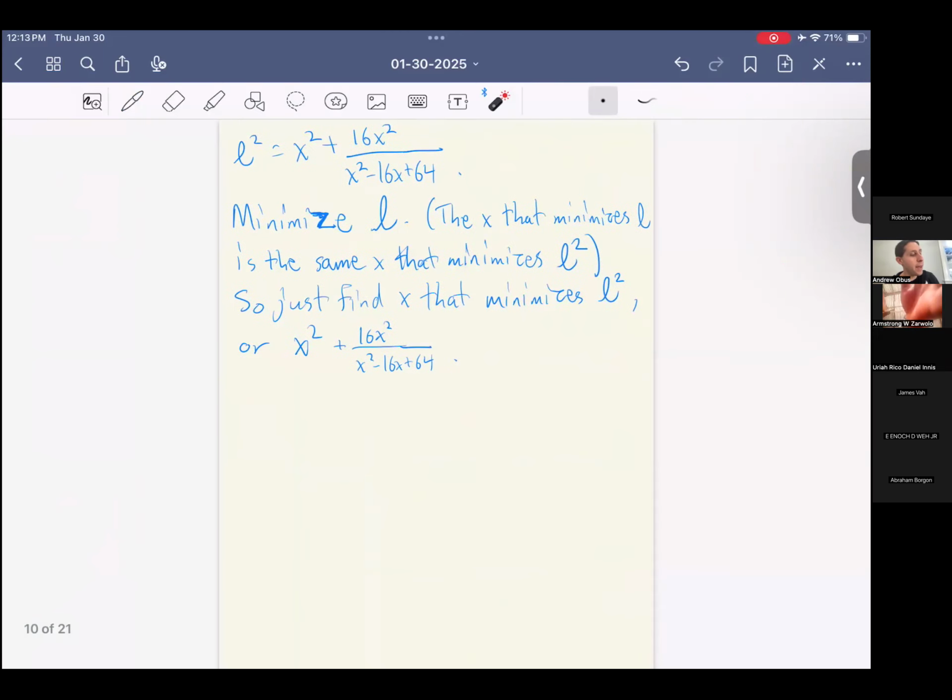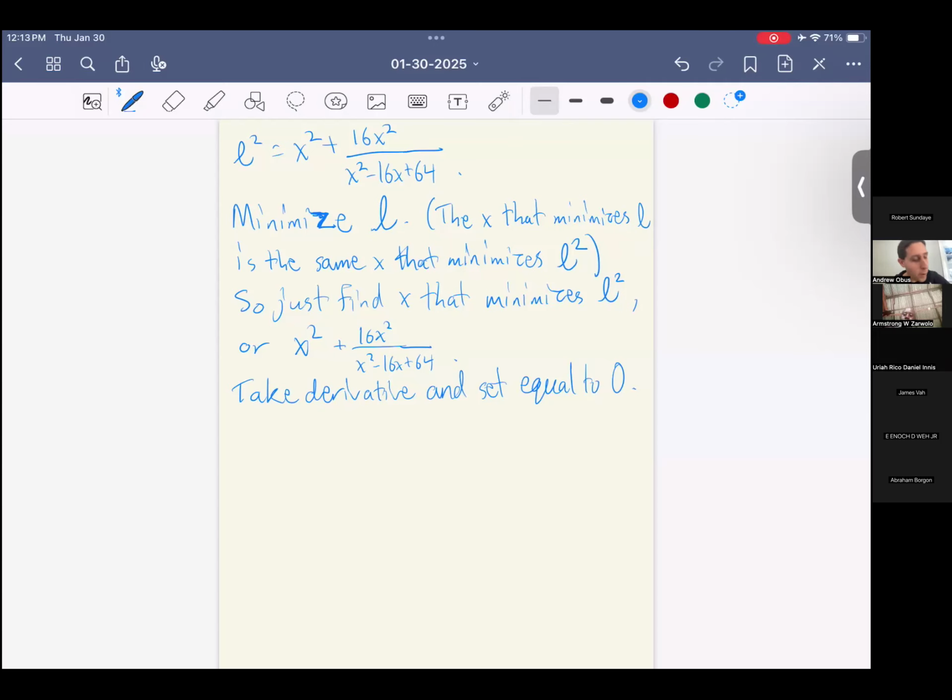After you've done all of that, now you're ready to do calculus. So now we're ready to take the derivative and set it equal to 0.